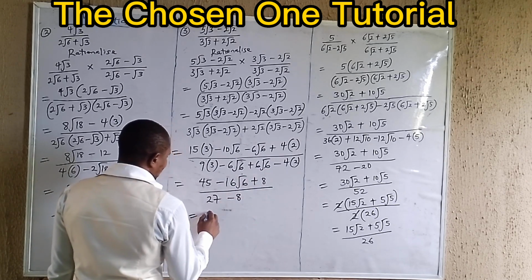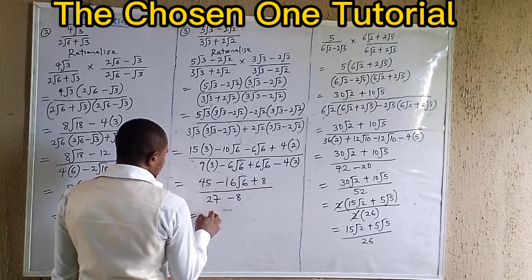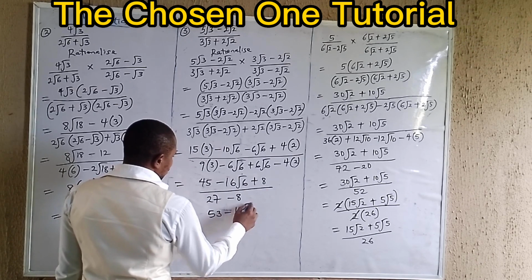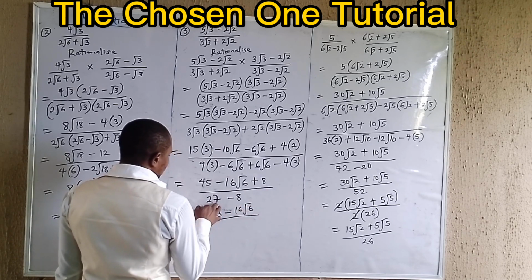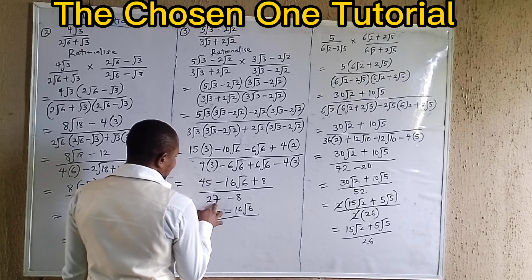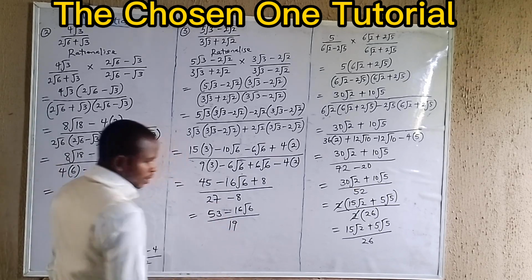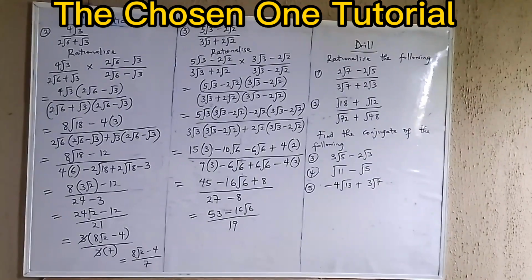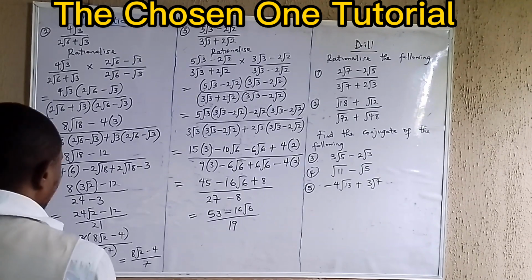So we are going to have 45 plus 8, that will give us 53 minus 16 root 6 over 27 minus 8, that will give us 19. So this will be our final answer.